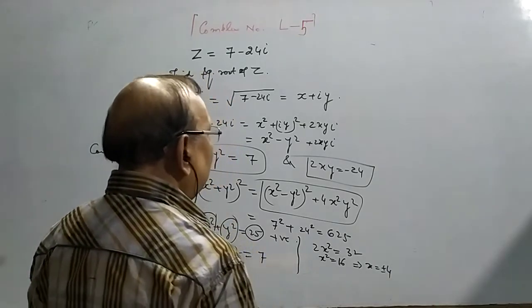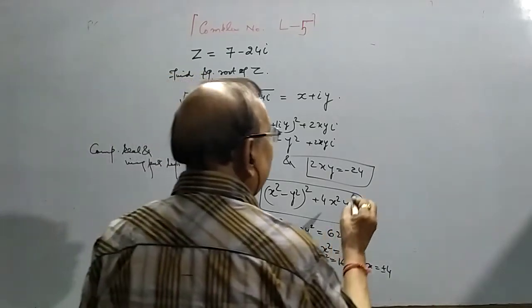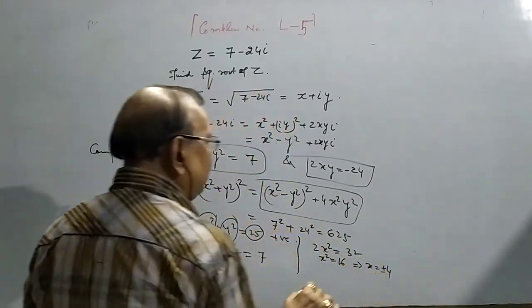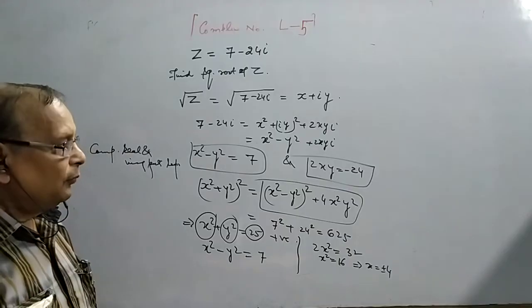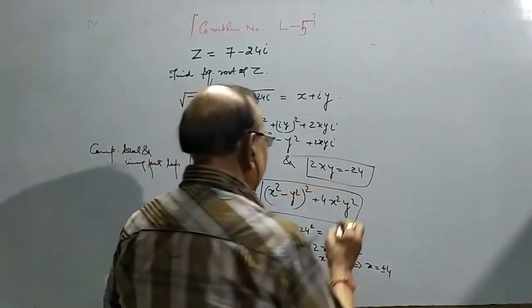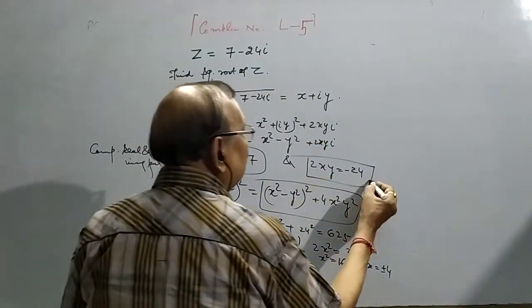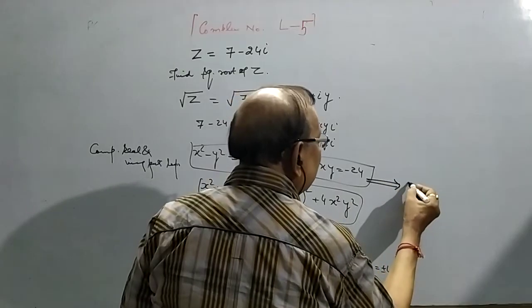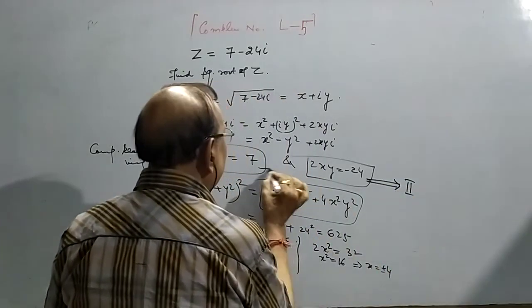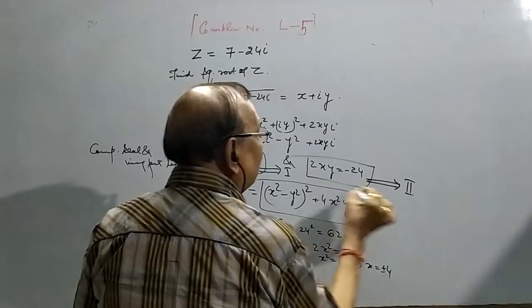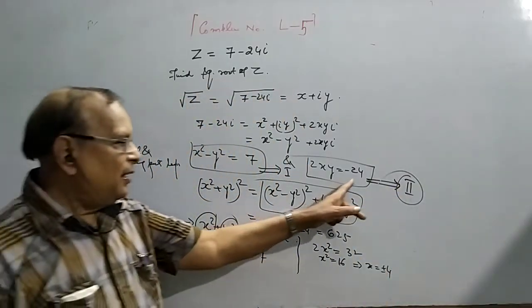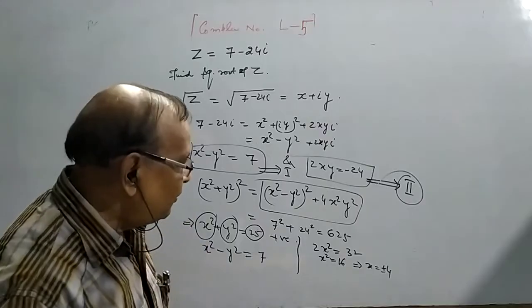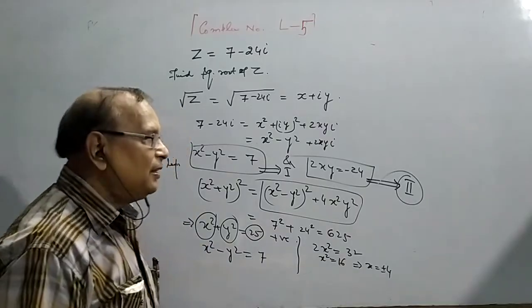Now, how will we find y? Whenever you get x, you have to put it in the second equation, this is equation second, that is equation first. In equation second you have to put it, as this will decide your signs. Otherwise, signs will not be decided.